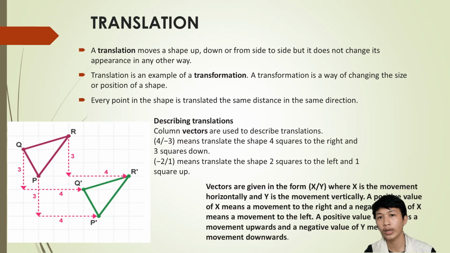So 4 means move the shape to the right, 1, 2, 3, 4, and then move it downwards 3. That's how translation works.